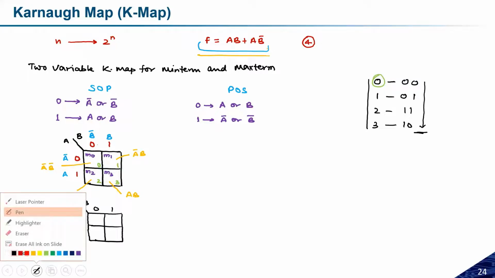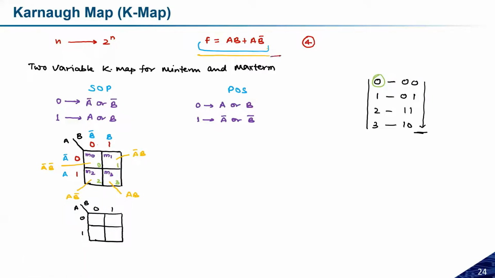Can anyone tell me which of the cells will be 1 based on this function? Second and third, right? So this one and this one will be 1, and the rest will be 0.